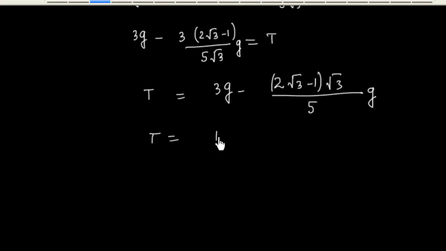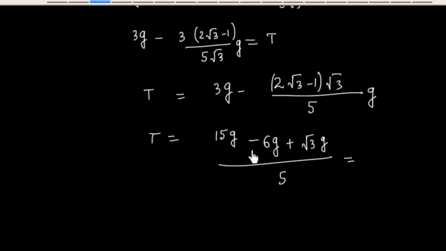So this becomes 15z, and this is all calculation, minus, and this is minus 2z, this is z, because 2 root 6z, basically root 3 into root 3 3 and 2 6z, and this is minus minus plus we will have root 3 z divided by 5. So finally we'll have 9 plus root 3 by 5 z. So this is the tension in the string we will have.